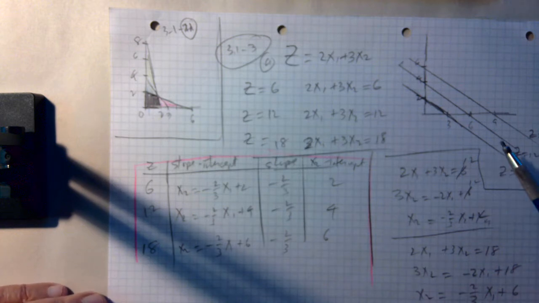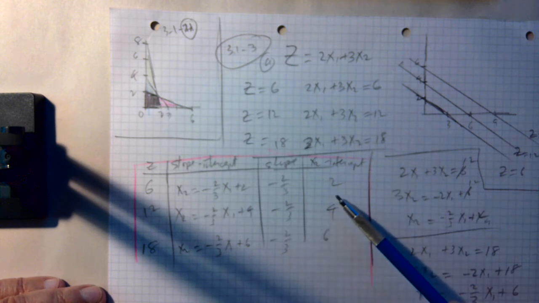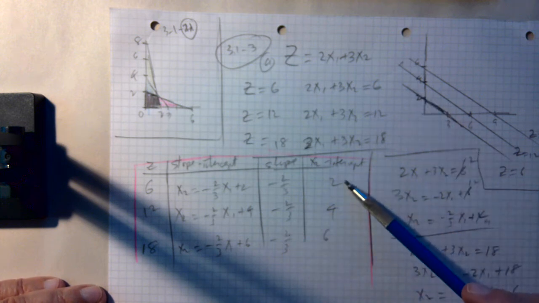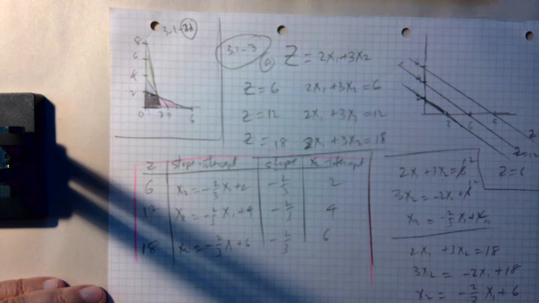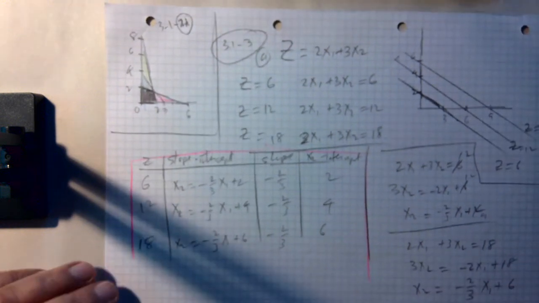So we see that for different values of the objective function z, we get a set of lines that are parallel, and what varies is the x2 intercept. As z increases, the x2 intercept increases. It's all in this table. That's number 3.